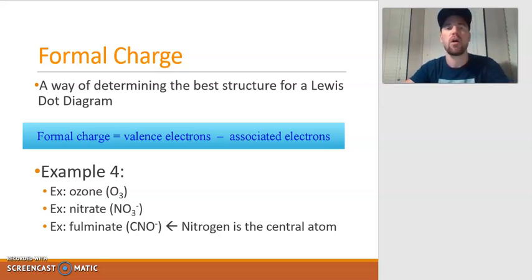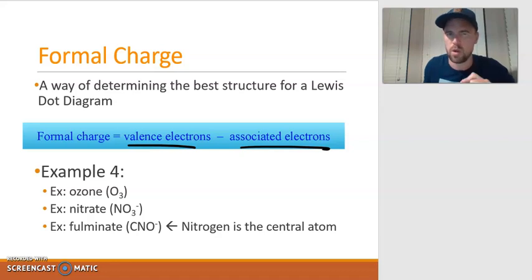When I ask you to draw formal charges, what I'm asking you to do is to calculate what is the charge for every single atom in a molecule. Now that sounds like a lot of work, but it's actually quite simple. The actual definition or equation to solve formal charge is you would look at the atom in question and ask yourself what's the number of valence electrons, and then subtract from it what's the number of associated electrons.